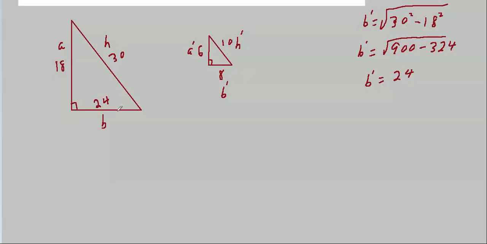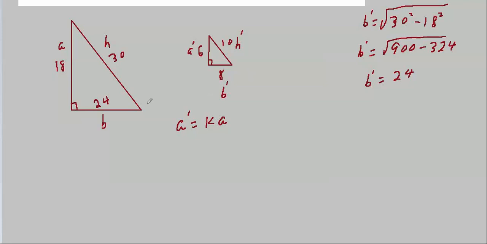Well, let's suppose our similarity factor is k. In other words, a prime equals k times a. That's the same as saying that a over a prime equals k. That's our similarity ratio, or our scale factor, whichever way you like to look at it.